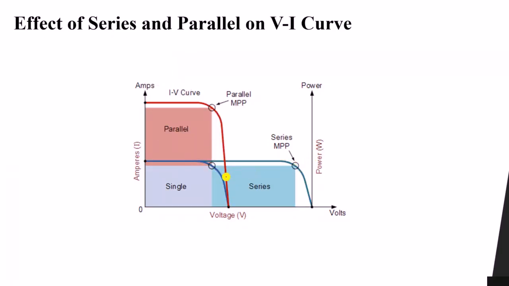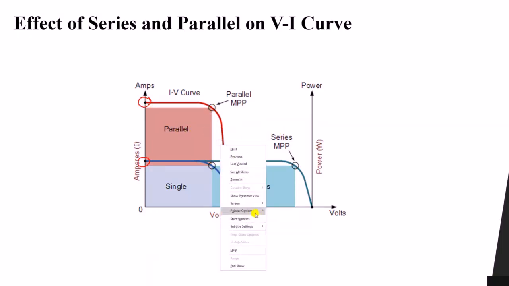Now what if we have the same curve here and we add another panel in parallel? So we have a panel here and we added another one in parallel, so the total current will increase from here to here, and the voltage will remain as it is. Now of course you can combine these two together.